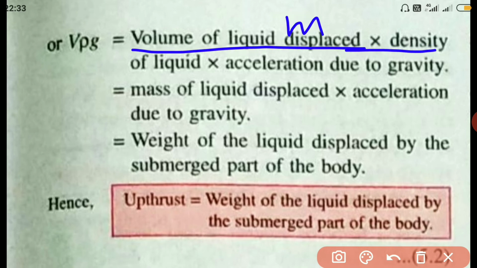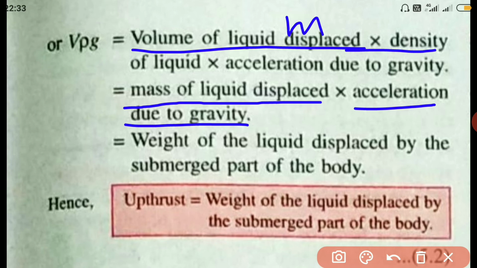So therefore they have written mass of the liquid displaced multiplied by acceleration due to gravity, that is mass multiplied by a. This is quite familiar to you from chapter number 3, that is force. So force should be equal to mass into acceleration. That equals the weight of the liquid displaced by the submerged part of the body.